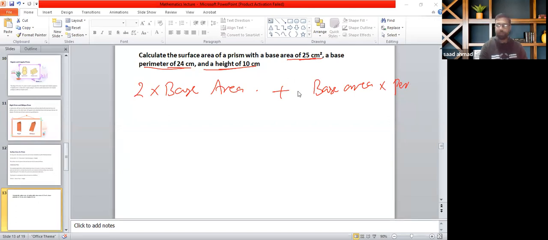Oh, sorry, not the base area. My bad. That was base perimeter times the height.